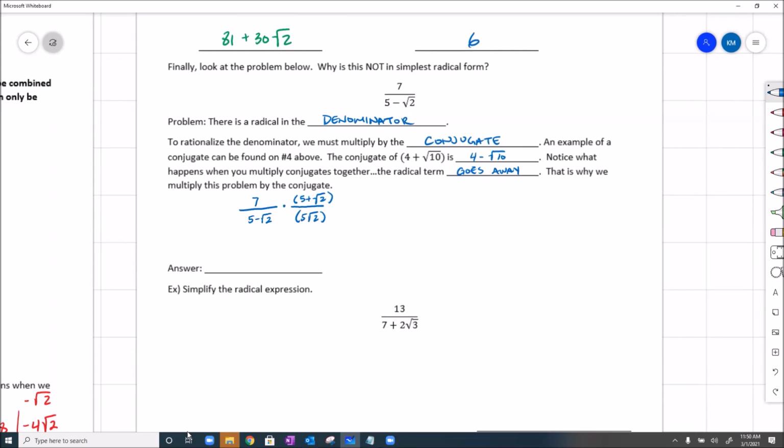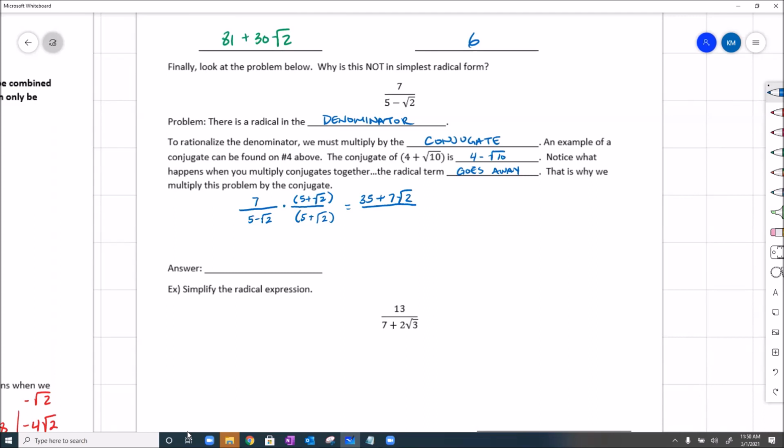That allows us to use the same skills that we just talked about leading up through this lesson. So up top we have 7 times 5, which is 35, and 7 times radical 2, which is 7 radical 2. Right, just distributing it up top.